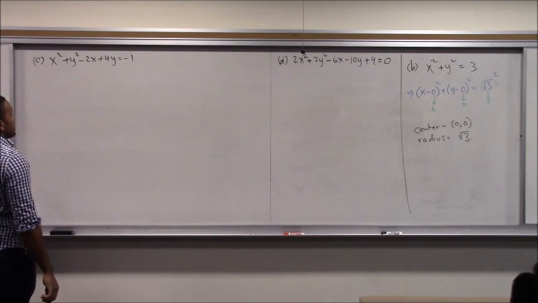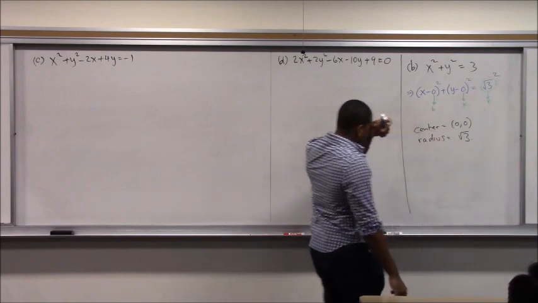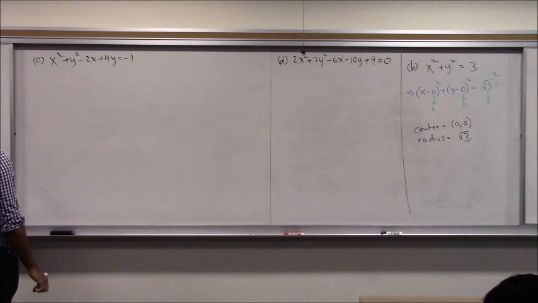Okay, so how do you deal with this one? So as before, again, we're rewriting it in a certain form so that we can pick out the right numbers. So how do we go about rewriting this in a certain form?